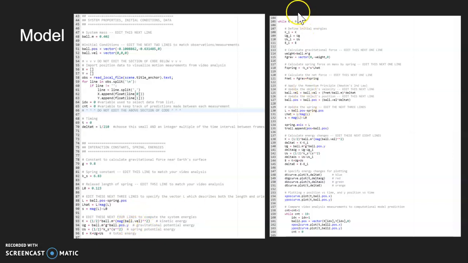This while loop was set for iterative calculations as the object oscillated and swung over the time period of 9.402 seconds. The net force acting on the ball was calculated through the gravitational and spring force acting on the ball and summing them together. This net force was then used to calculate and update the velocity, then the position of the ball according to Newton's second law.